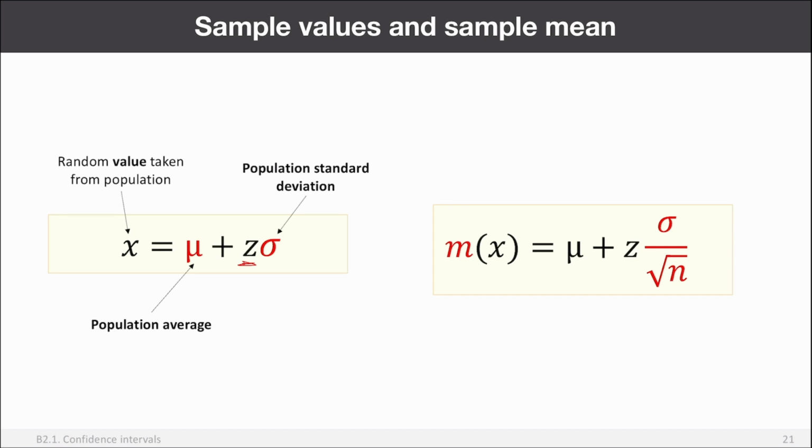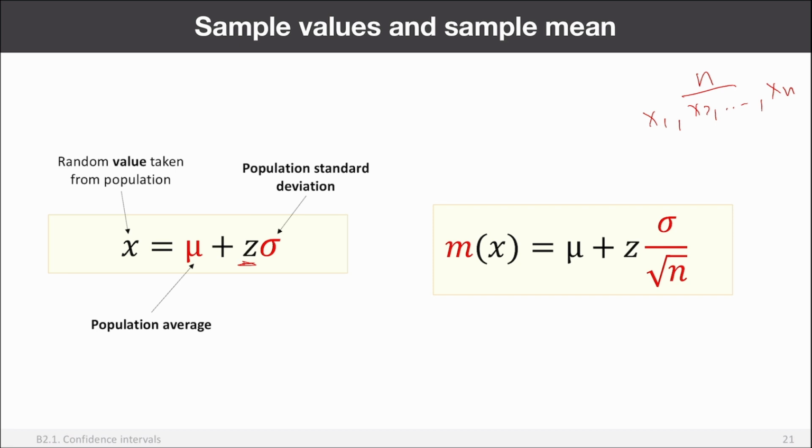When we take a sample of size n, so now we have not just one single x, we have x1, x2, and so on and so forth, xn. It can be n apples from big garden. It can be n glasses of water from large lake, and so on and so forth.